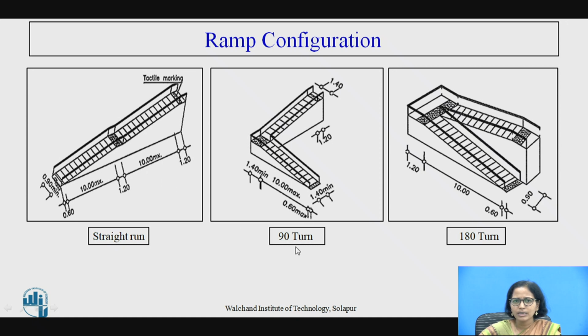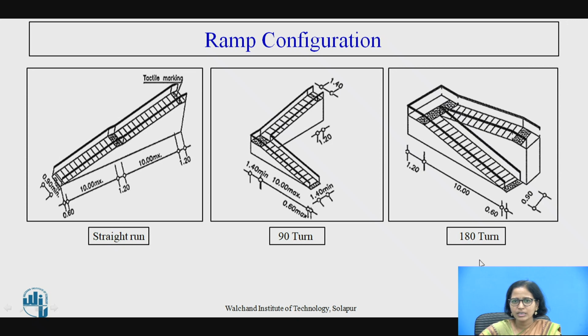Next you have a 90 degree turn. When there is a 90 degree turn, you can see the landing is provided. The width over there is 1.4 meters minimum, and the horizontal span is 10 meters, whereas the length of the tread is given as 1.4 meters. So this is how, for the 90 degree turn, there is a deviation.